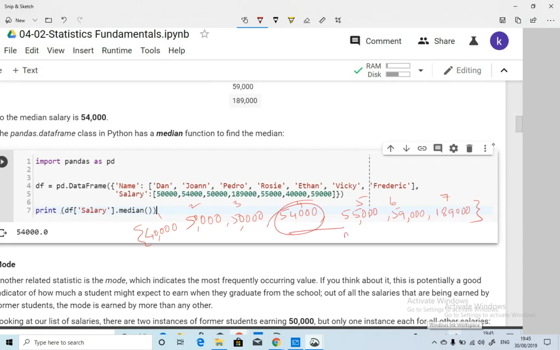So this is my middle value, the median. Is there any impact? The median is close to these points, right? Agree or not agree here?